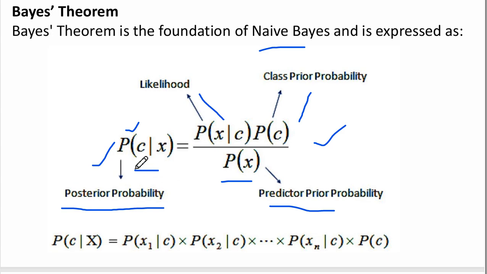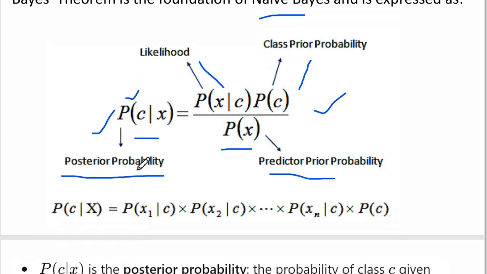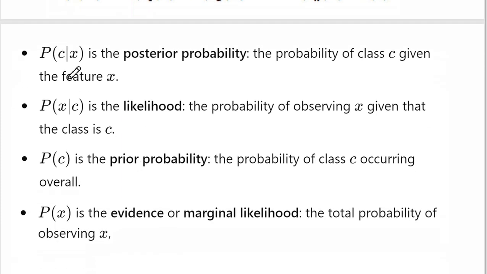So what is the meaning of P of C given X? It means the probability of occurring a class C for the given feature X, or the given instance X. And P of X given C is called the likelihood probability: what is the probability of occurring X for the given class C?